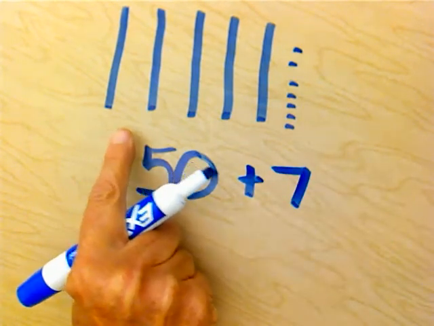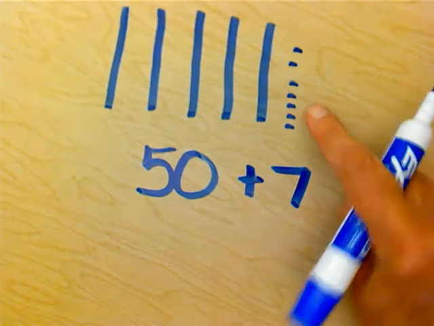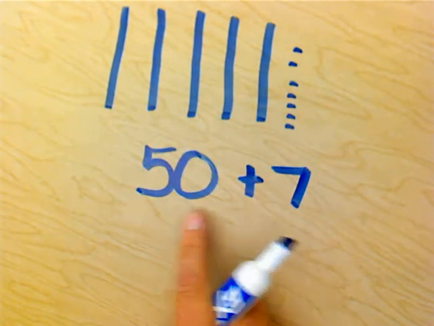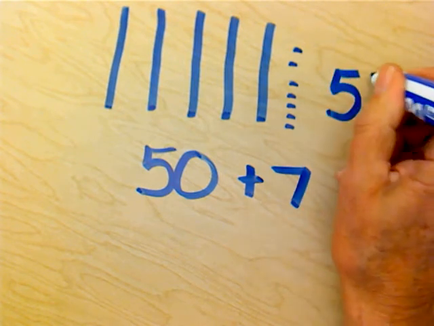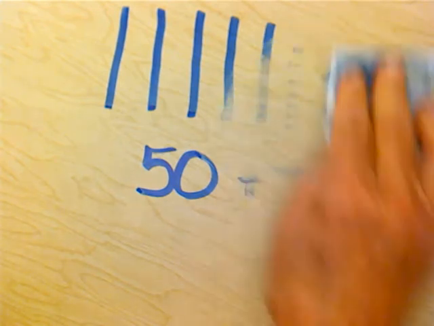So I have 5 tens, which has a value of 50, plus the 7 ones gives me, did you come up with 57? If you did, congratulations. We're going to continue to do a few more of those to practice those quick tens.